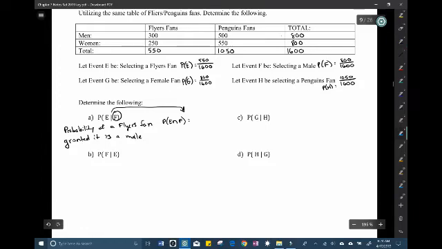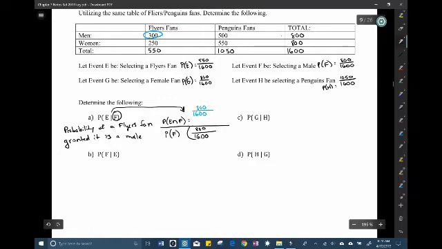Flyers fan and a male is 300, so that is 300 over 1600, divided by the probability that it is simply a male, that is 800 over 1600.